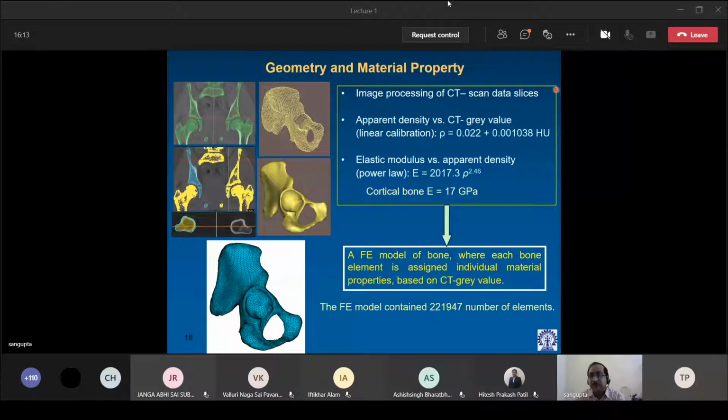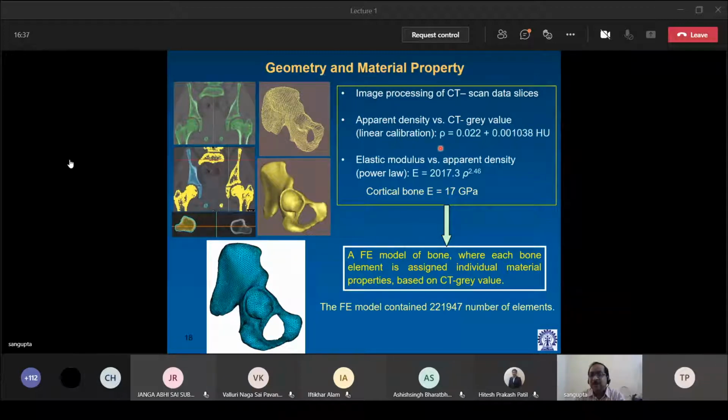If you put a value, rho would become 0.022. So we just don't make it purely 0. It's close to 0. There may be some material like fat that may be close to 0.